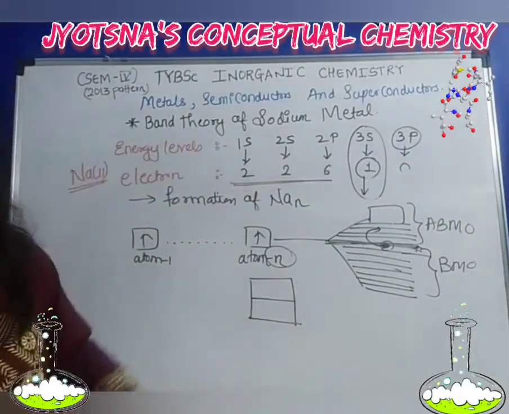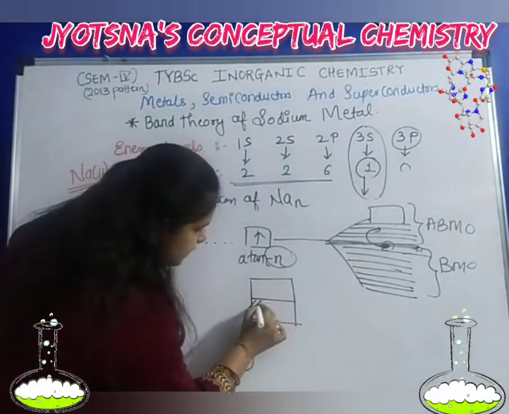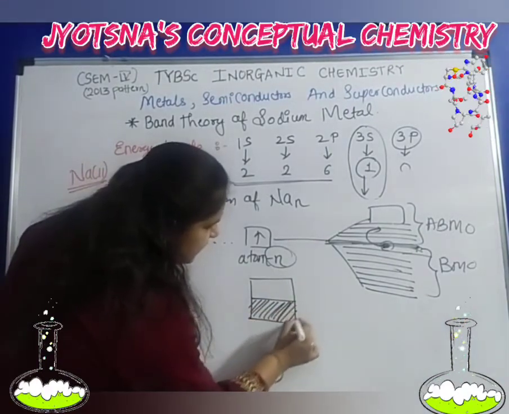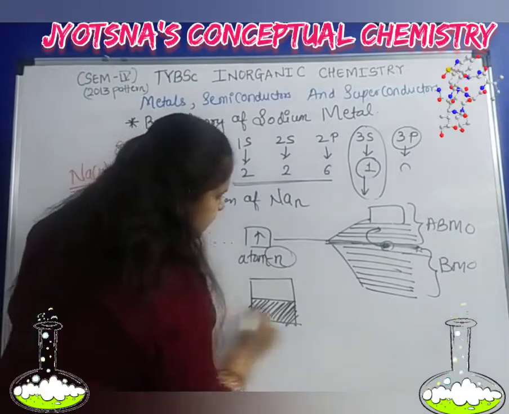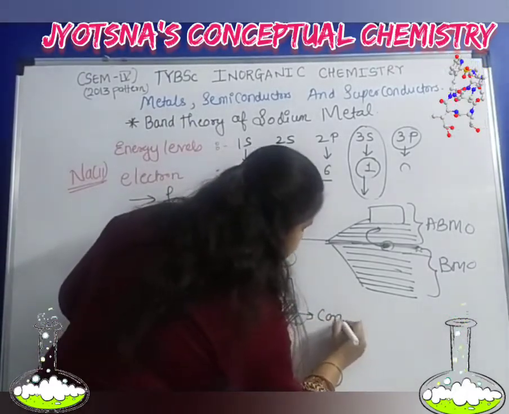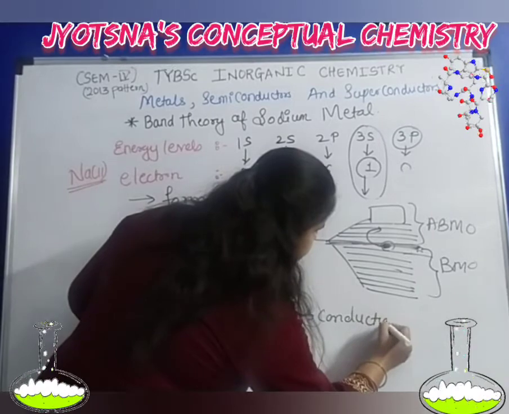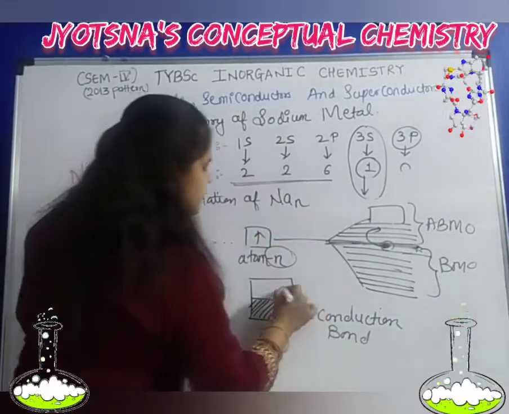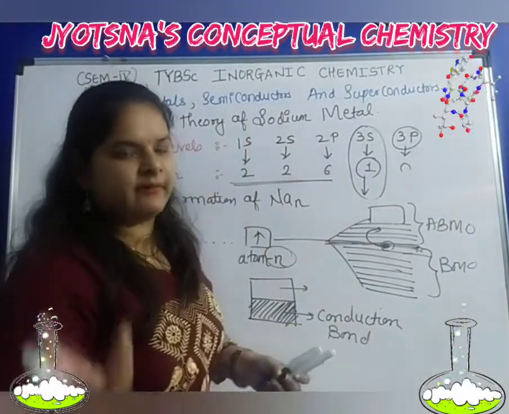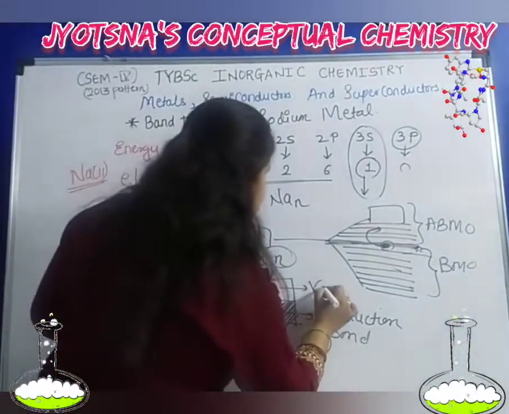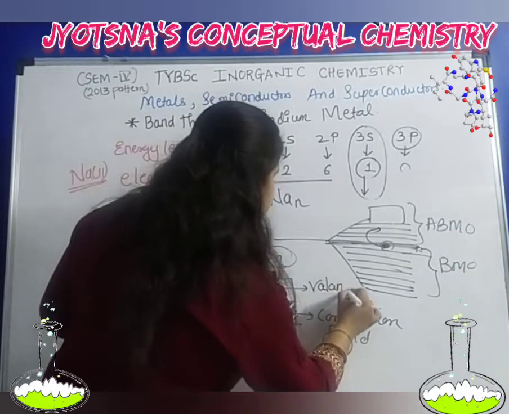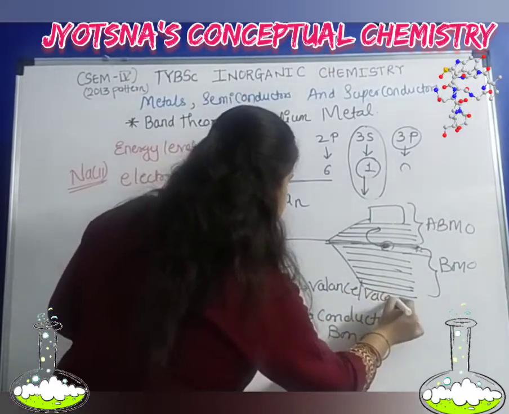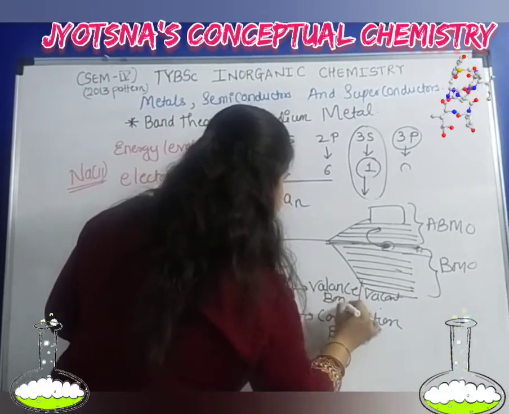Okay, if these are the bands, this contains electrons, so we call it the conduction band. And this empty band we call the empty band, or the valence or the vacant band. Vacant band.